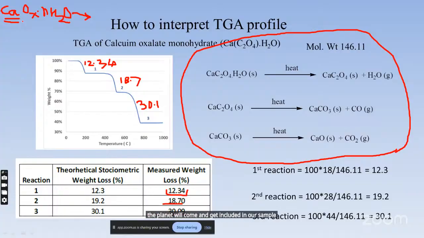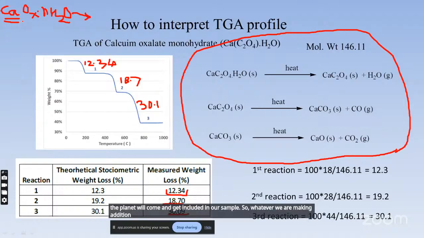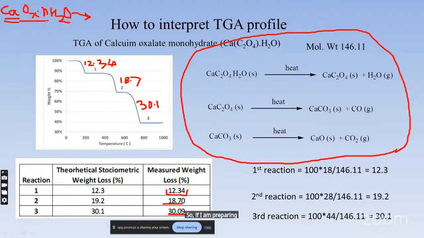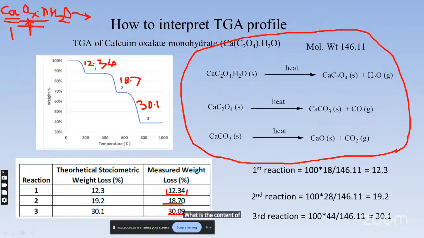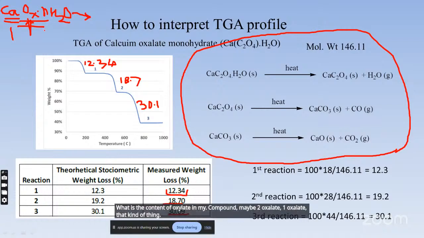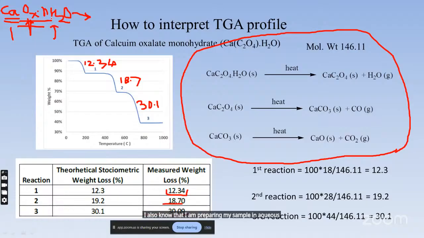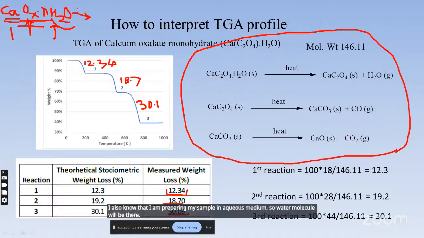Whatever we add will only come in our sample. If I am preparing calcium oxalate, calcium will come, some oxalate will come. I don't know the formula of oxalate or its content in my compound, maybe 2 oxalate, 1 oxalate, that kind of thing. I also know that I am preparing my sample in aqueous medium, so water molecules will be there. Only this much knowledge I have.